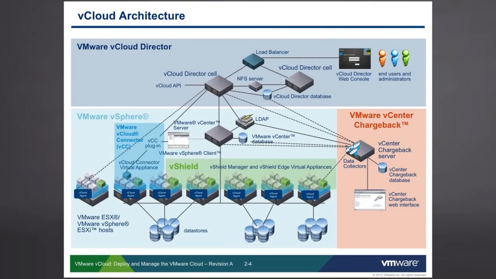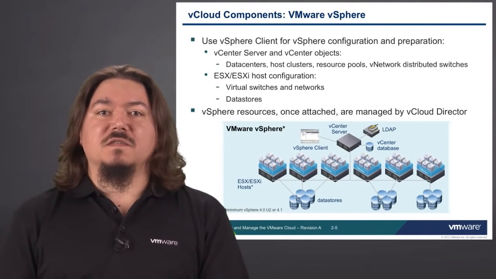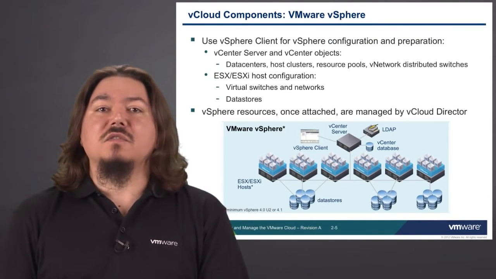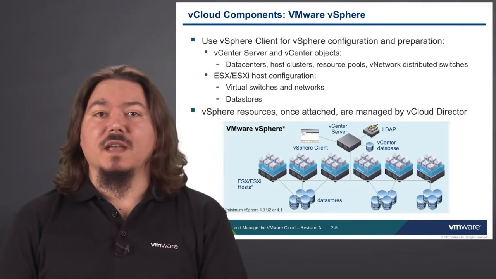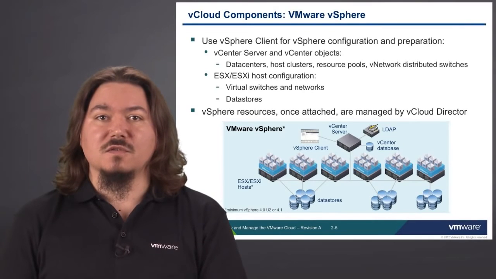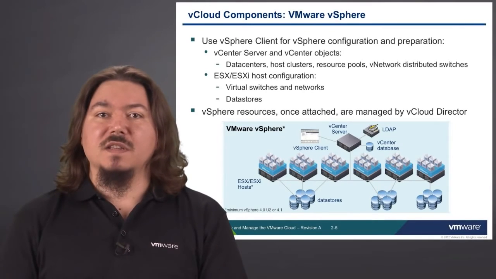Underneath that is going to be my vSphere cluster or clusters that are actually providing the resources that are being delivered to my customers. This is a standard vSphere infrastructure. There's nothing crazy we're doing here. These are basic HA and DRS enabled vSphere clusters that are being managed by a vCenter server.